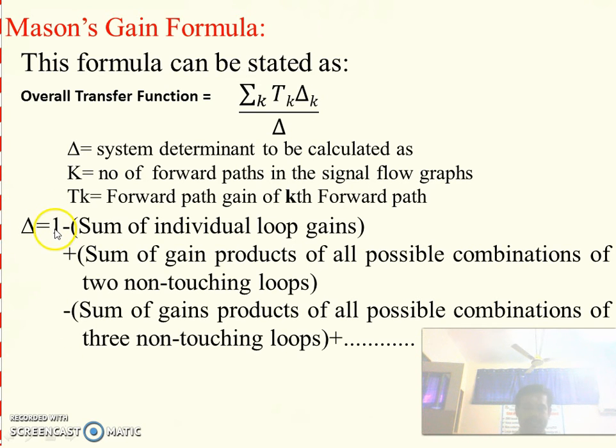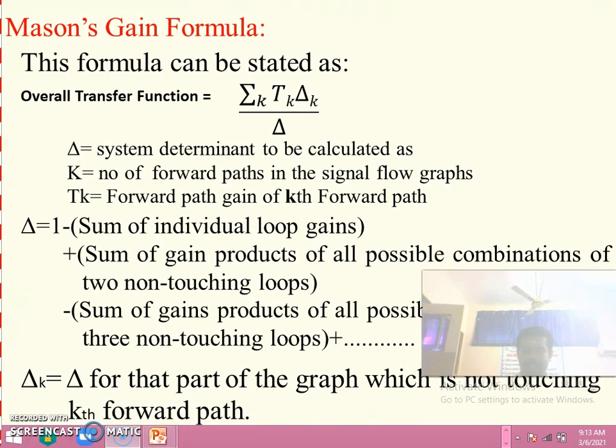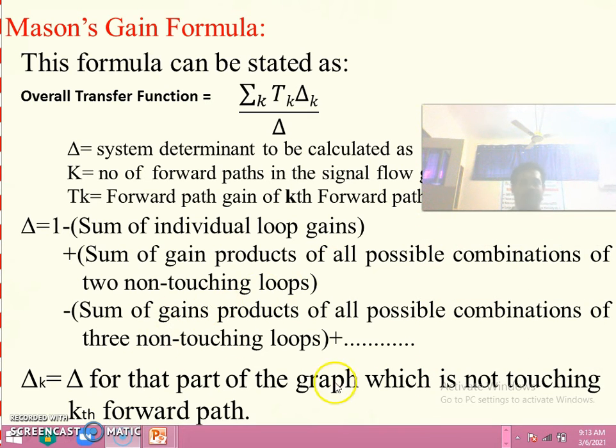Delta is 1 minus the sum of individual loop gains, plus the sum of gain products of all possible combinations of two non-touching loops, minus the sum of gain products of all possible combinations of three non-touching loops. And delta k is delta for the part of the graph which is not touching the kth forward path.